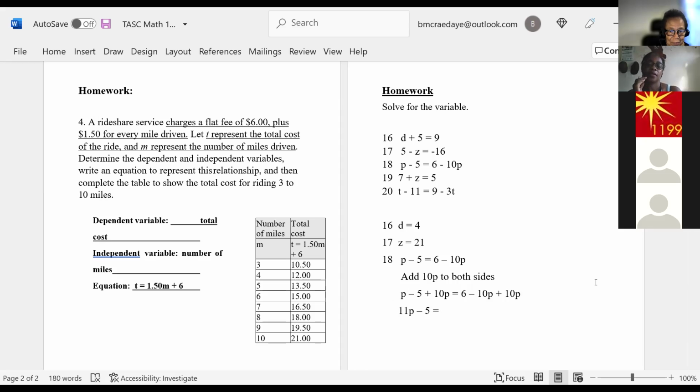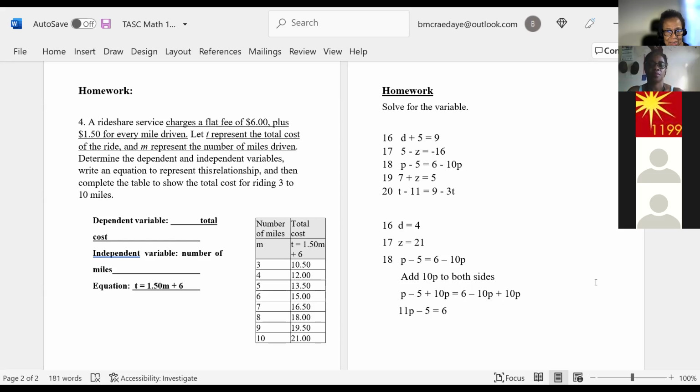11p, and then I add 6p. On the right side, you have a 6. And a minus 10p plus 10p is what?